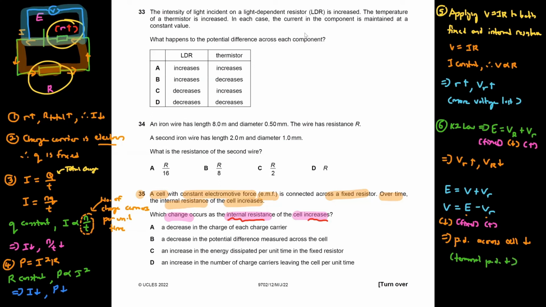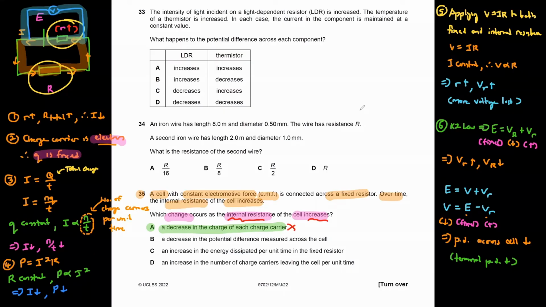Okay, so with all this done, let's just look at the answer choices. Now, in statement A, a decrease in charge of each carrier will occur when the internal resistance of your cell increases. So here, just now we already mentioned that your charge carrier is really just your electron, and the charge is going to be fixed. You saying that the charge is decreasing here for each of the charge carrier would not be correct.